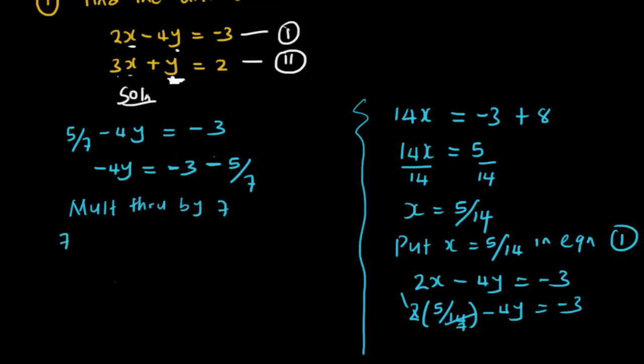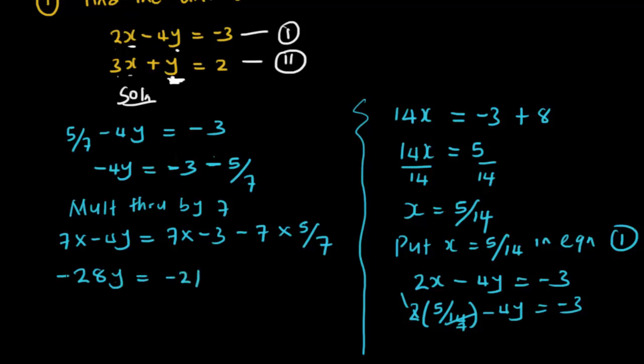I'll have 7 times minus 4y equals 7 times minus 3, then minus 7 times 5 over 7. 7 times minus 4y gives me minus 28y. 7 times minus 3 gives me minus 21. 7 cancels 7, so I'll be left with minus 1 times 5, that will be minus 5. So I have minus 28y equals minus 21 minus 5, which gives me minus 26.